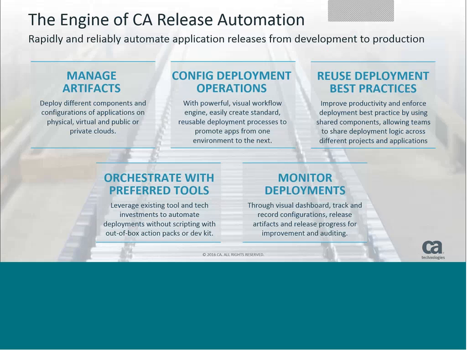Okay, so let's briefly go over the things that the core release automation helps you do. So first of all, of course, you manage your artifacts, you bring them to all your remote servers, you configure the deployment operations, the workflow with the workflow engine, the graphic UI where you can drag your flows and build your processes.